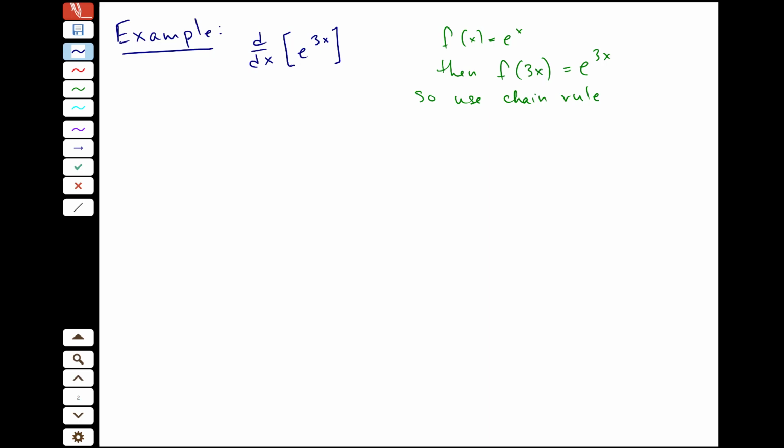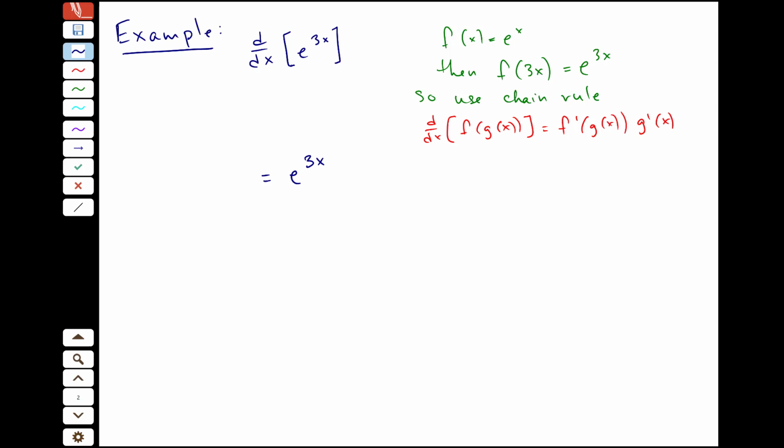So when we do this, remember the chain rule is that the derivative of some function f of g of x is f prime of g of x times g prime of x. Well, so the derivative of e to the whatever is just going to be e to the whatever, and our g of x in this case is 3x. That's our inside function.